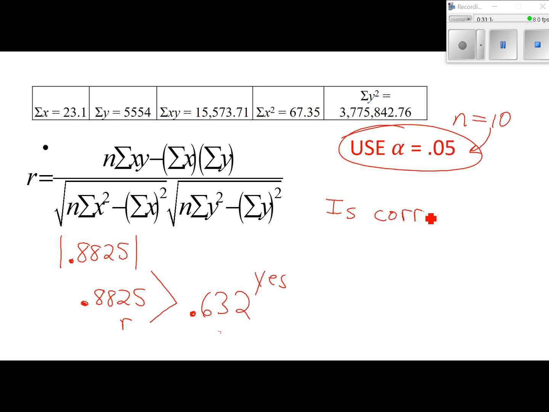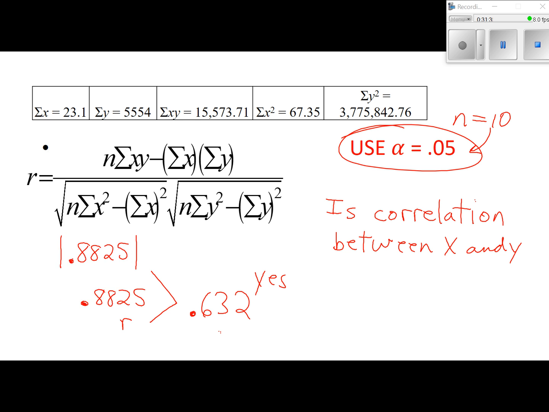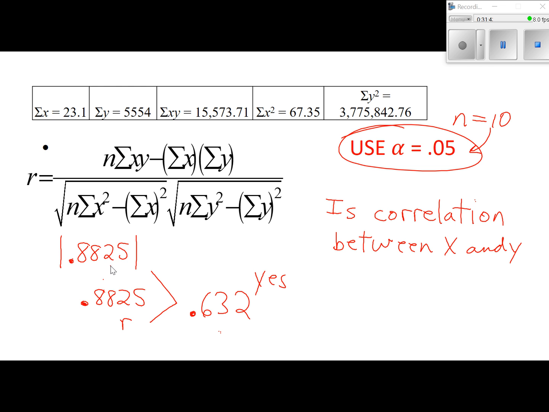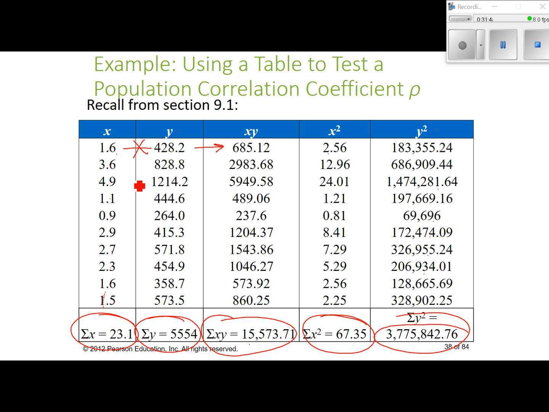So yes, it is bigger, and what that tells us is that there is significant correlation between the X and the Y. Now, if I go back and look at this problem, I can maybe a little better decipher that and give a little better explanation of it.